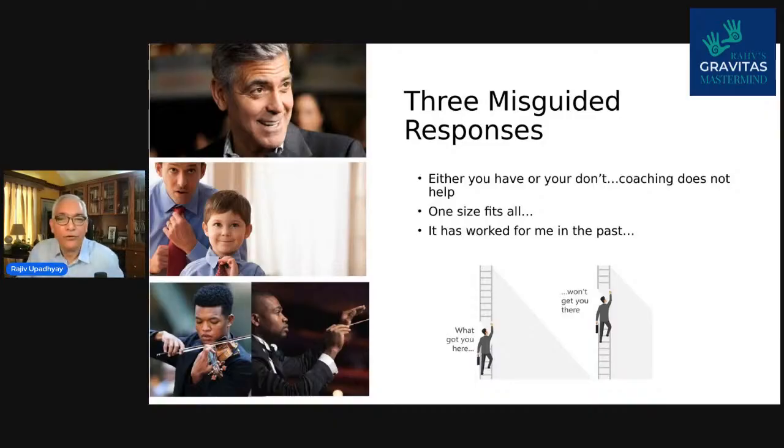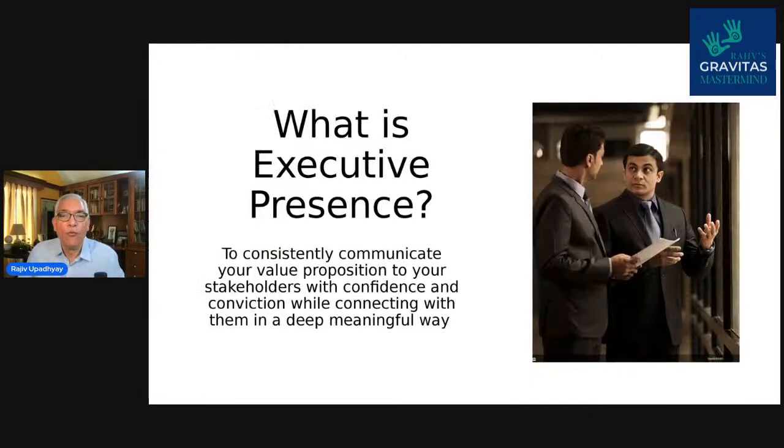All right. So if this is not true, if we can learn to be better at executive presence, then let us see what exactly we can do to become better at it. So let's start by first defining exactly what executive presence is.